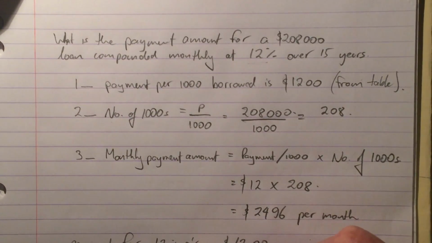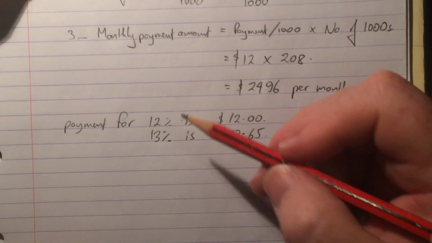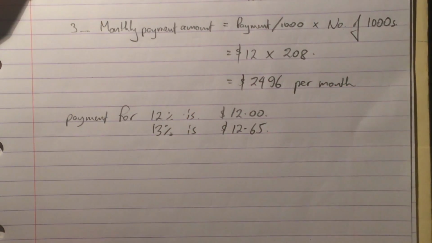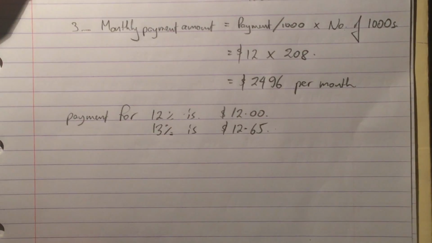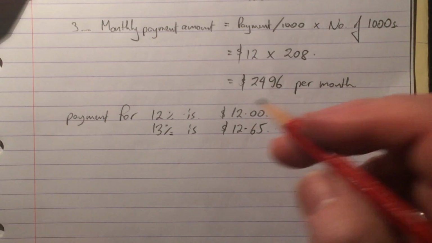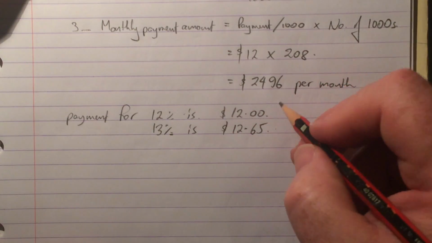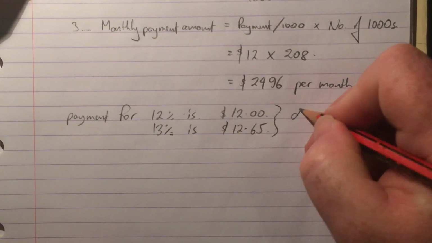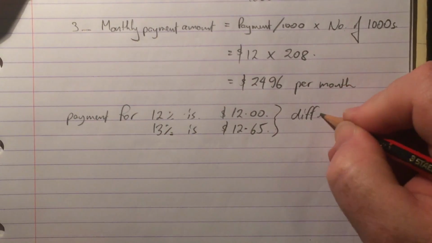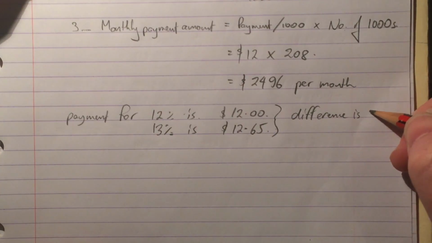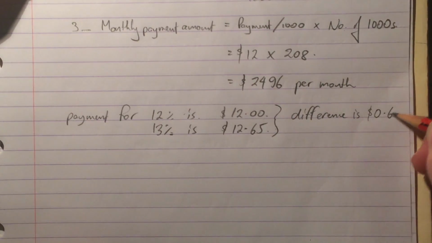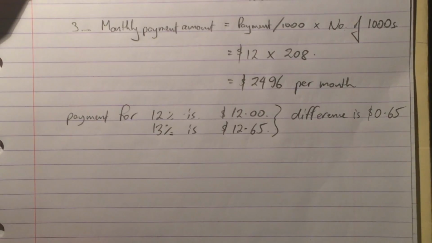So the difference between 12 and 13%, $12 and $12.65, is 65 cents.